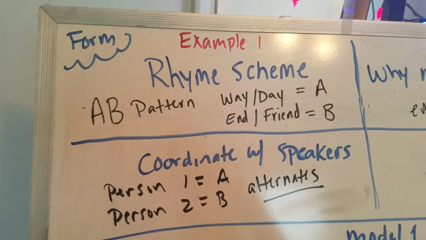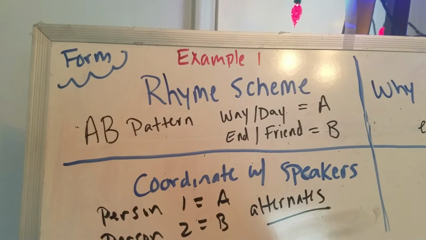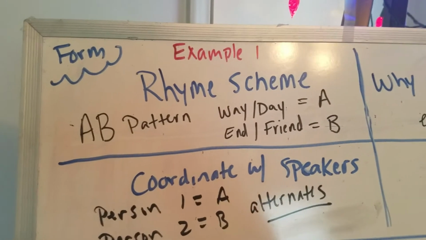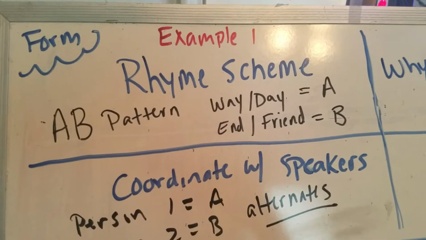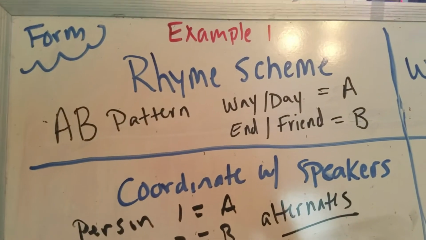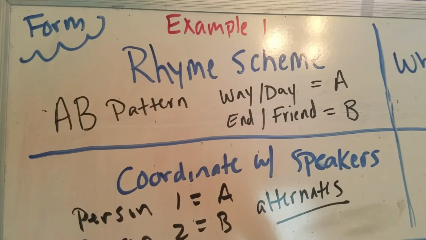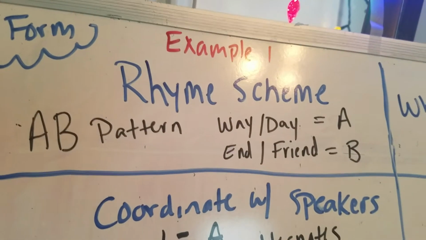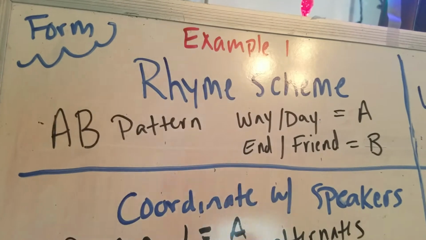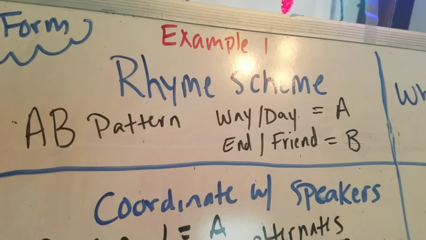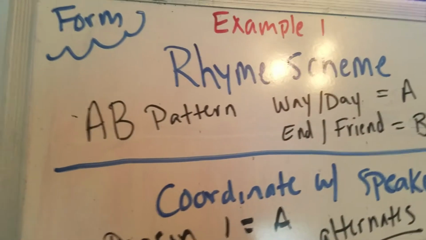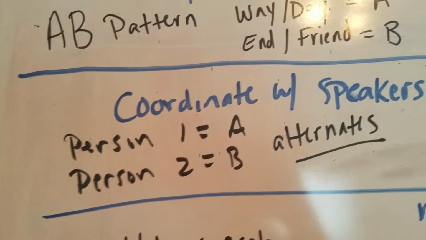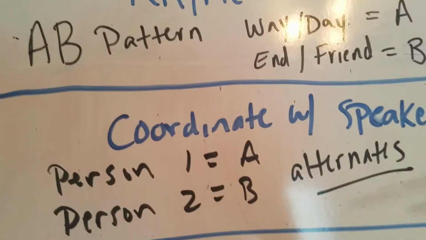Okay, example 1 asks you some questions. What kind of rhyme scheme is this? This is an A-B pattern. Way and day are the A, and end and friend are the B. So you see A, B, A, B. Then it asks, how do the speakers coordinate?